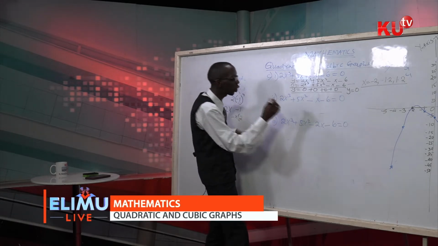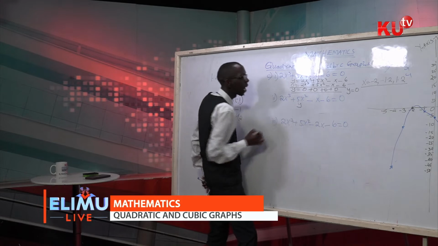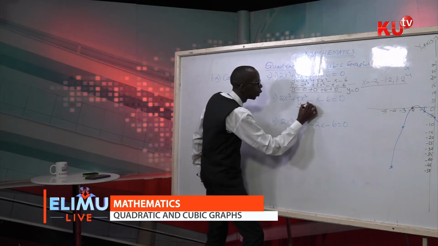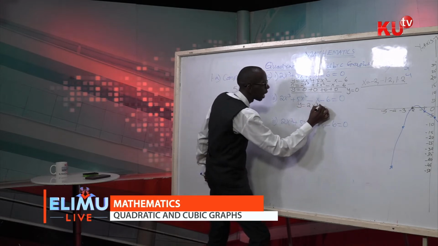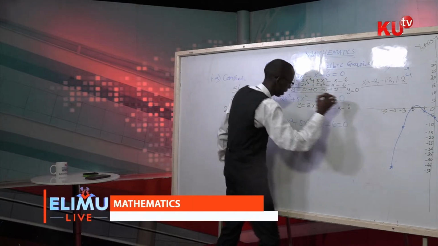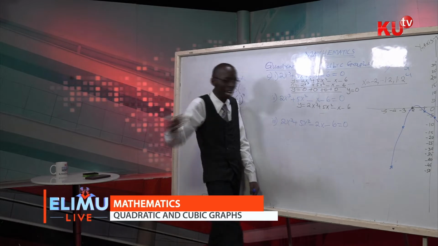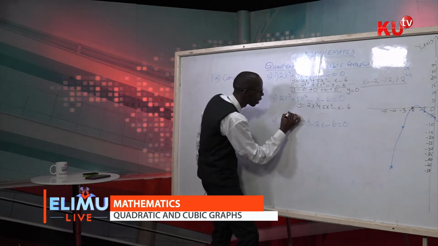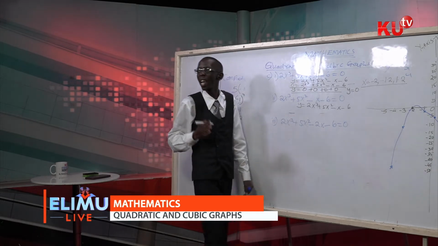Now, we are going to solve this equation using the graph. Again, take the equation of the graph. Y is equals to 2x cubed plus 5x squared minus x minus 6.